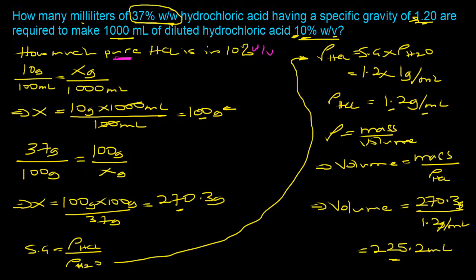Okay, and then once you figure that out, we had 100 grams, but we now need to supply that using the 37% weight by volume. And that's what happened at this point. We determined the mass, but we need volume, so we use density to connect mass and volume. So the answer is 225.2 milliliters. So this is how you solve the problem from first principles.